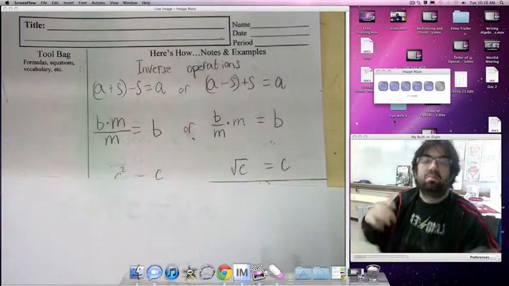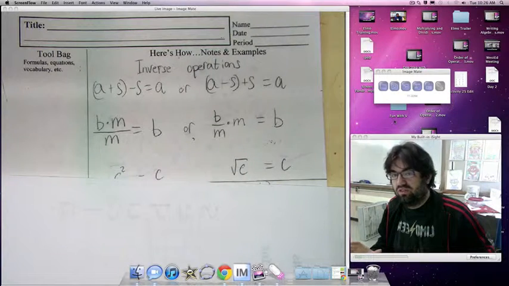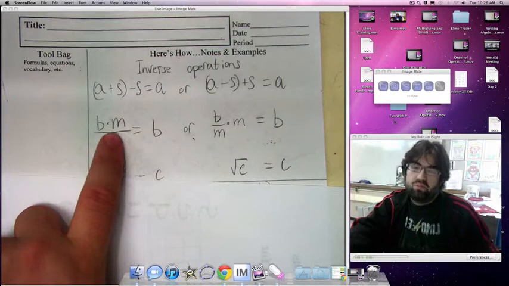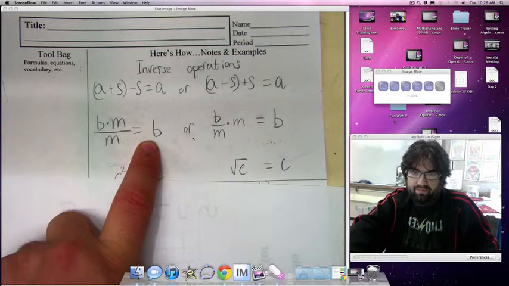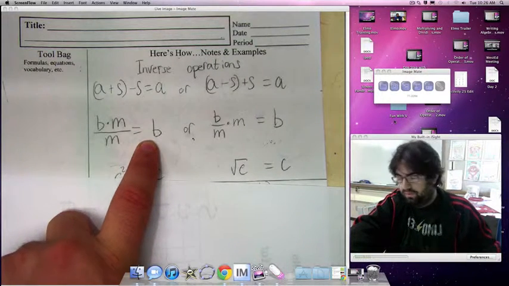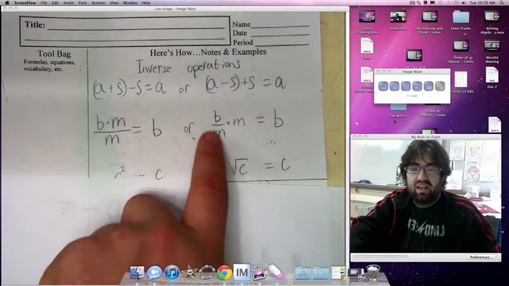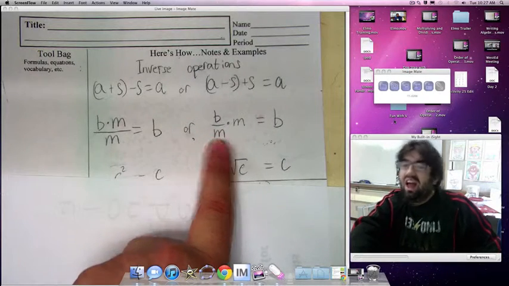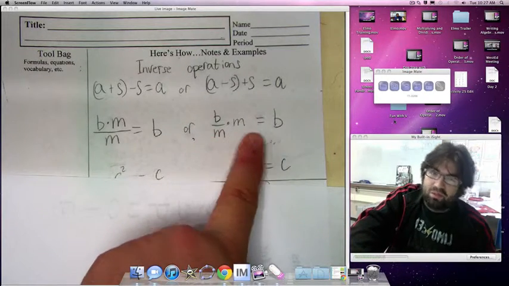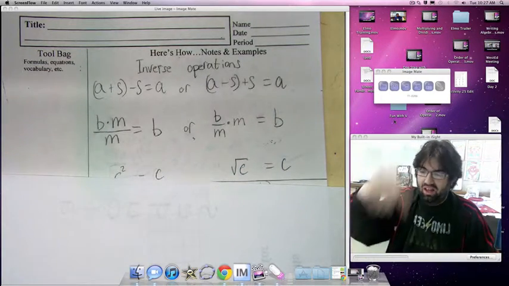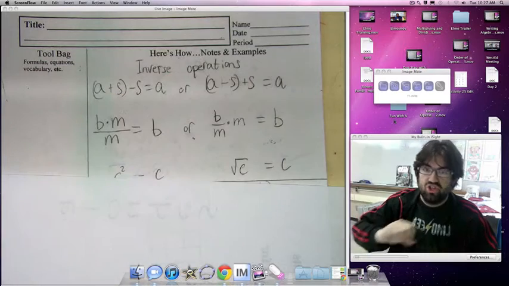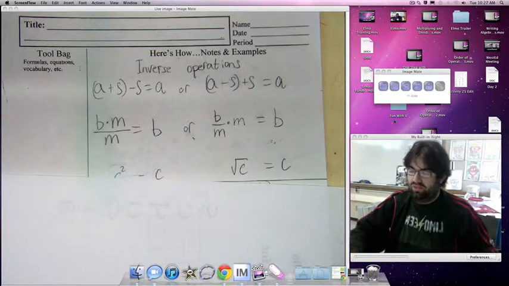These don't matter because they're inverse operations. If I multiply first and then divide, I get that original number back, unless it's 0. That doesn't work for 0. If I divide first and then multiply by the same number, they cancel each other out because they are inverse operations.